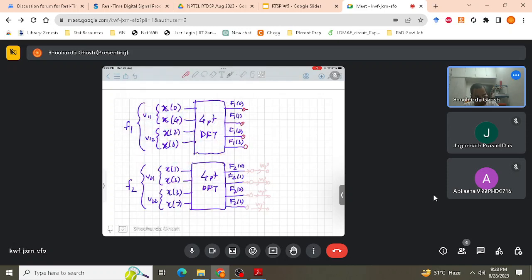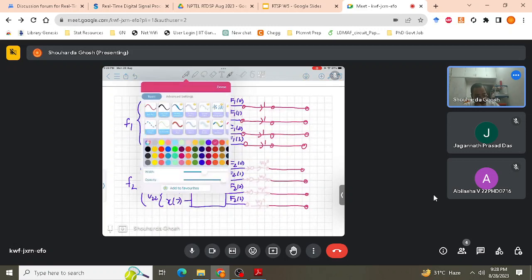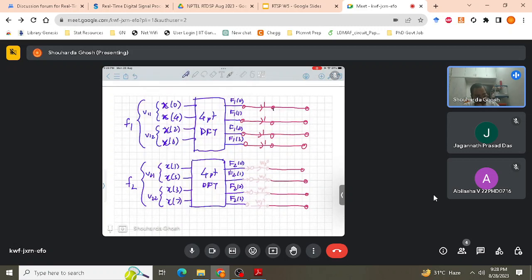Now what will we do? We will now try to add them. I would rather place them over here. All of them are 1. F of 0 goes over here, 1 goes over here, this goes over here, and this one goes over here.